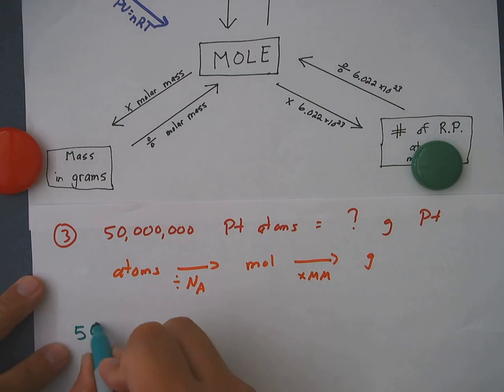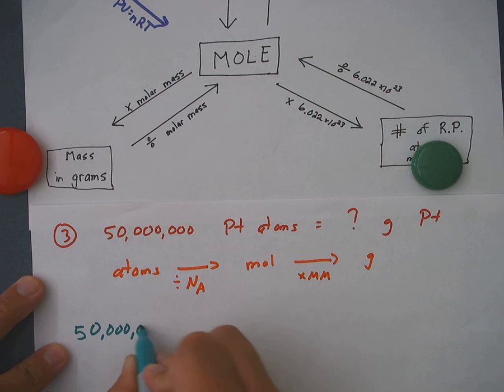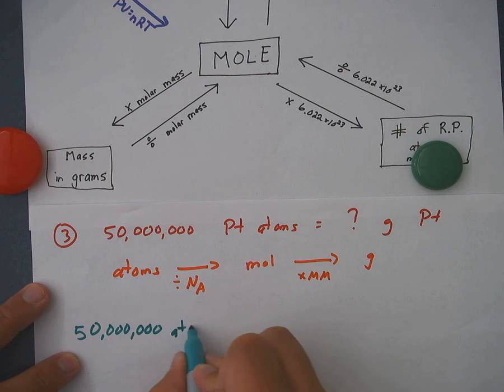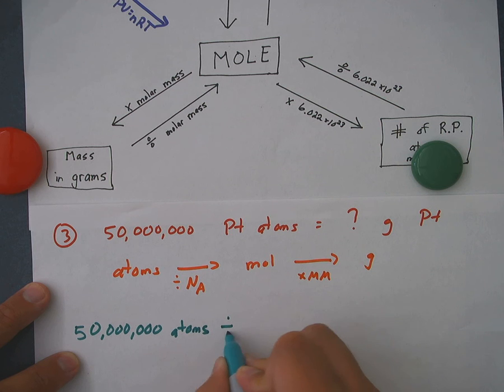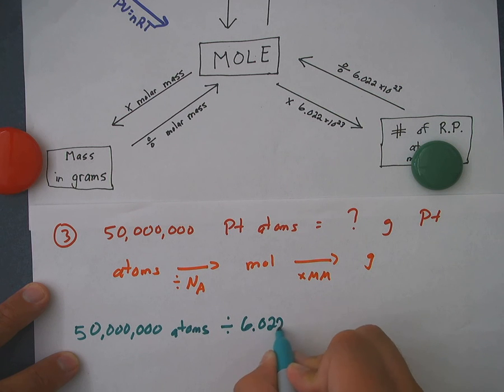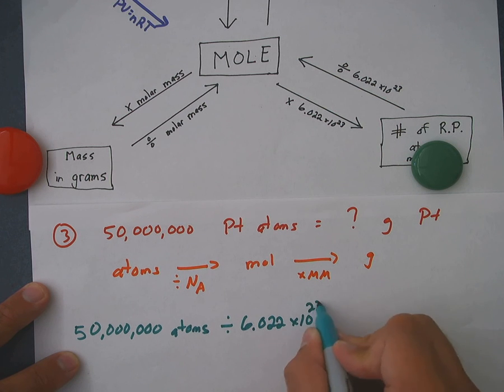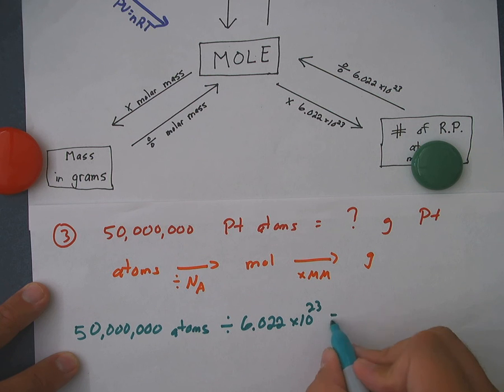So I'll take my 50 million atoms, and I'm going to divide by 6.022 times 10 to the 23rd power, and that will equal moles.